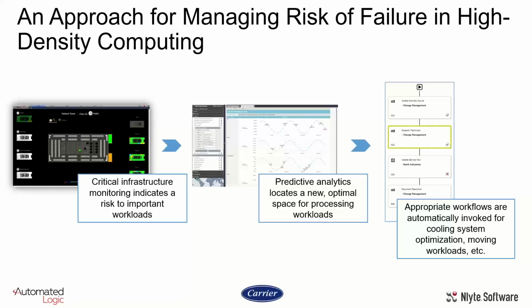So in this example, you look at critical infrastructure monitoring. You're looking at your BAS, and it indicates a problem with a piece of critical infrastructure. Let's say it's a large air handler. The air handler's got a problem. Through the integration with your supervisory system, you can tell immediately that you have downstream workloads that are going to be affected by that failure, and those workloads are critical to your business.